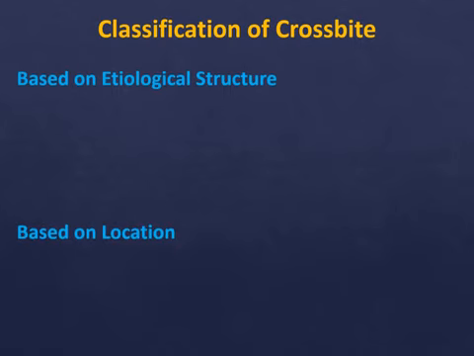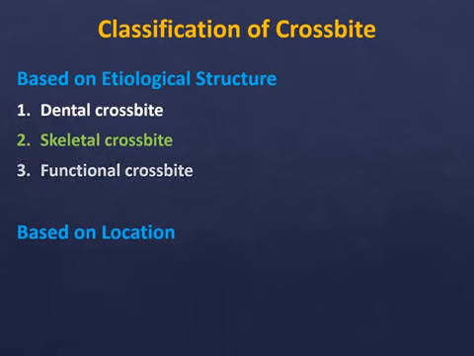Classification of crossbite. Crossbite can be classified based on the etiological structure or according to the location. For the etiological structure, this crossbite could be dental crossbite, skeletal crossbite, or functional crossbite.